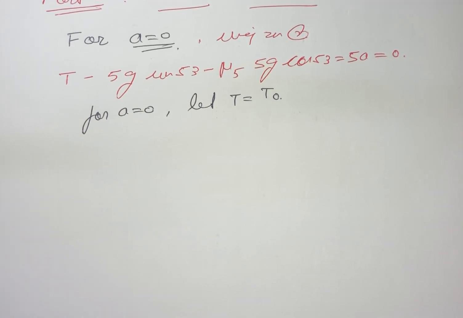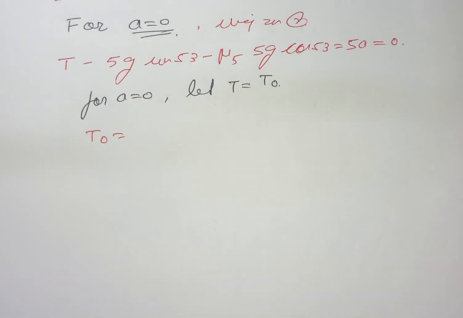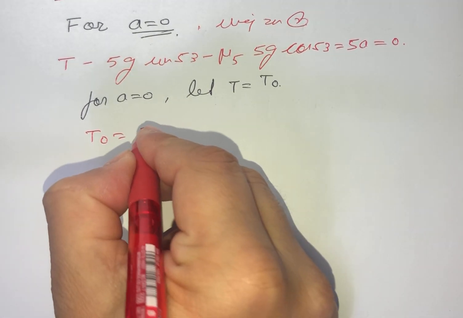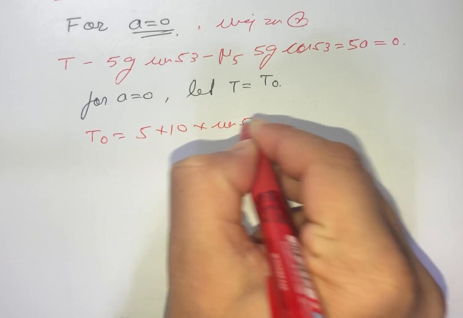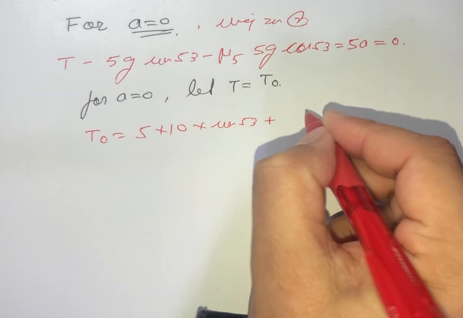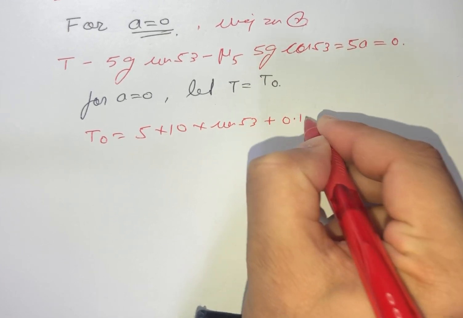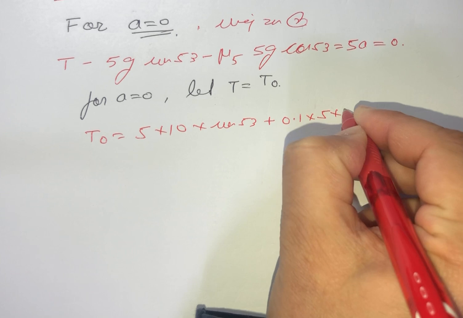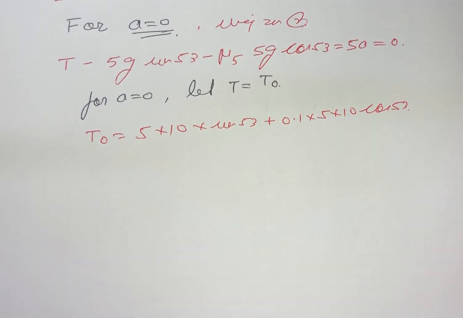We simply put it here, we get T naught will be equal to 5 multiplied by 10 multiplied by sine of 53 plus 0.1 into 5 into 10, and this is cos of 53.